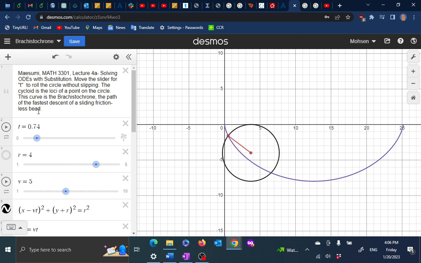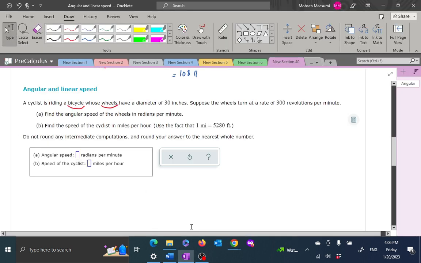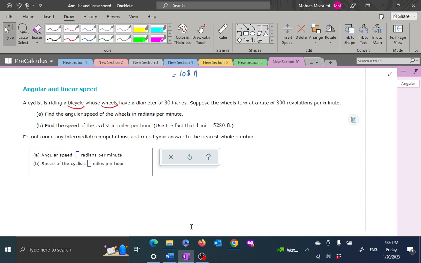So slides are never flat and straight, rather they are kind of curved, and this is an ideal curve for sliding down in the shortest amount of time. Anyway, we are going to see that in calculus and other courses later on, but right now I just wanted to mention that there is something to look at, given the fact that the bicycle turns.